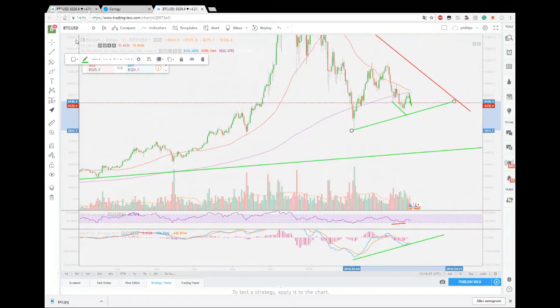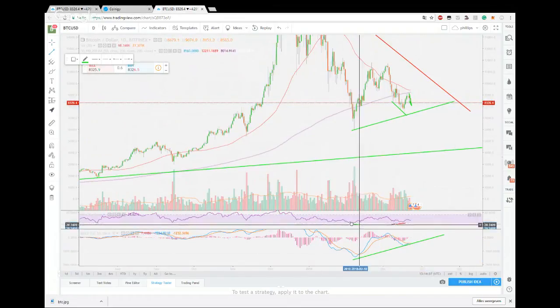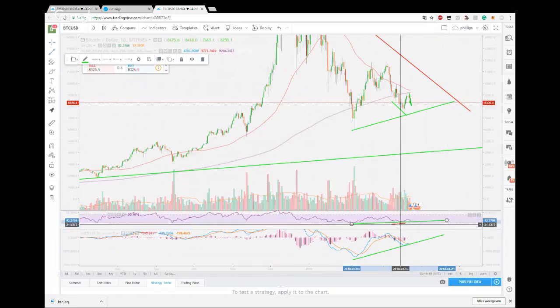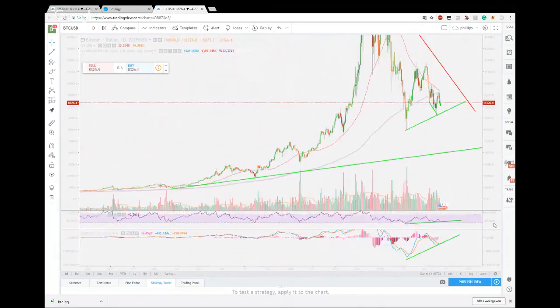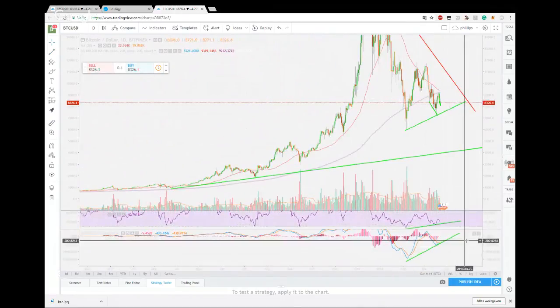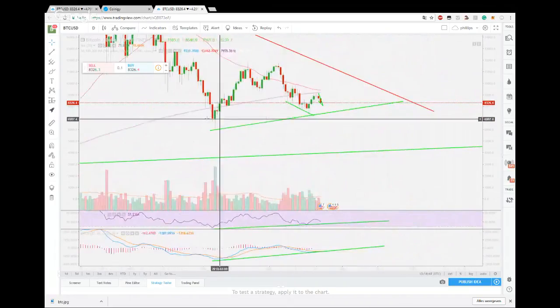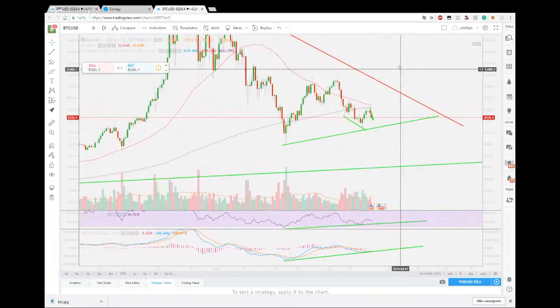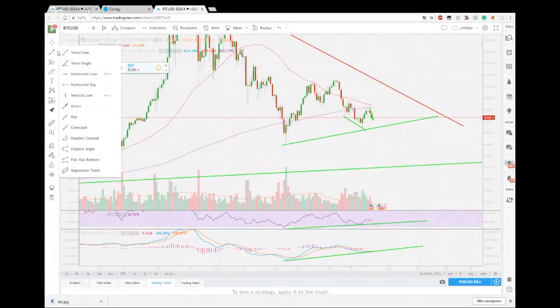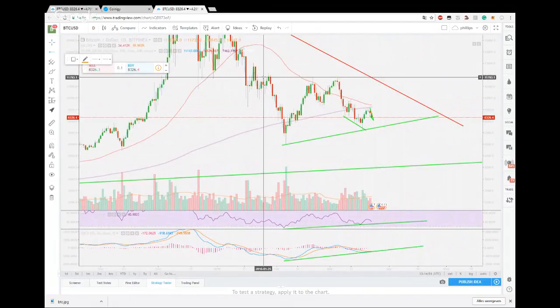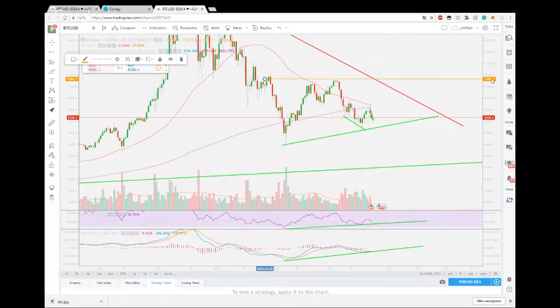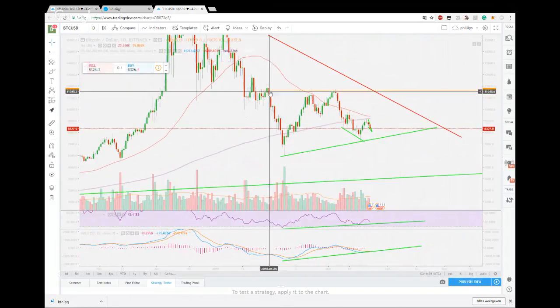So there is no divergence whatsoever that could confirm any invalidation of the higher low that we made here. Obviously, we still have to make a higher high, and the higher high will be above 11,600, something in that range.